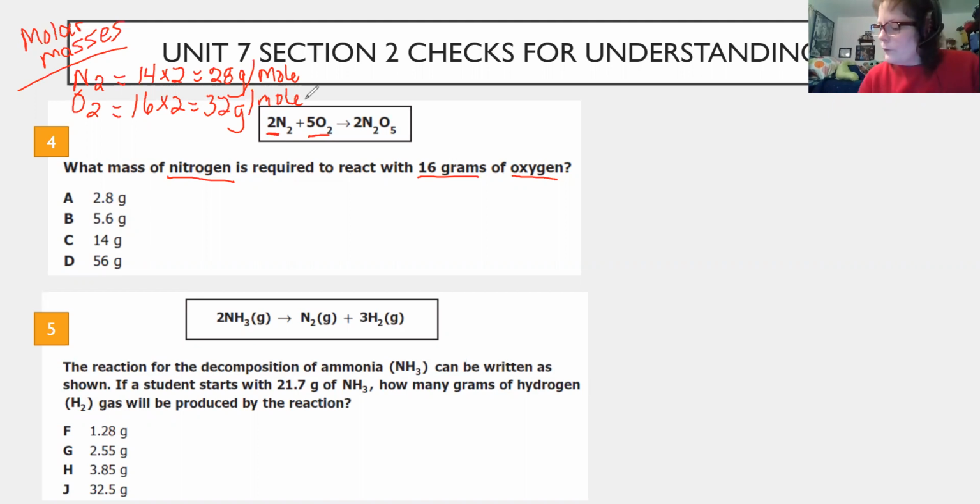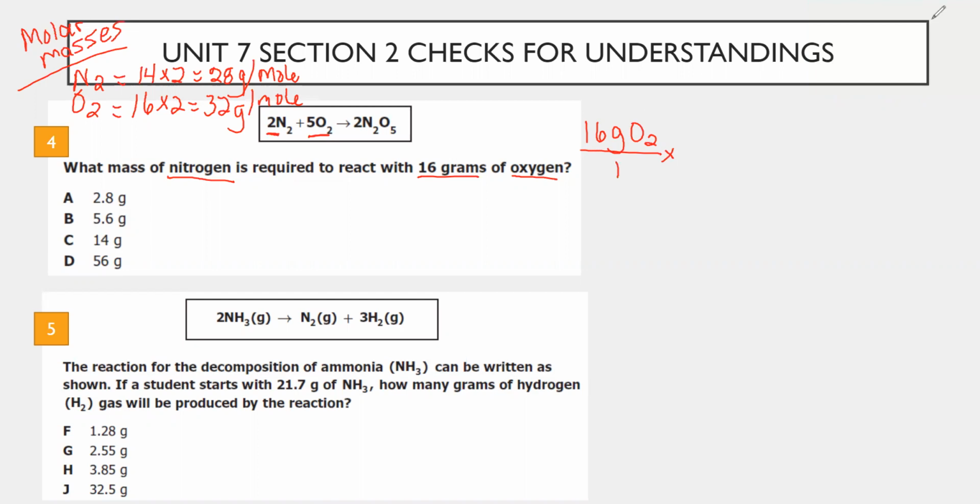All right, number 4, how many moles are in 16 grams? So let's figure out the number of moles in 16 grams of oxygen. I'm going to get rid of my picture too because it's taking up space. There we go. So 16 grams. We want to know how many moles we have.